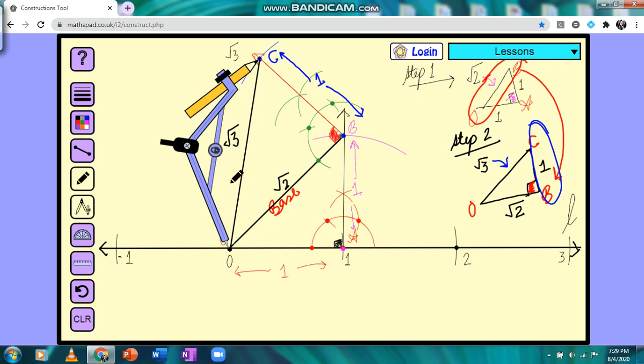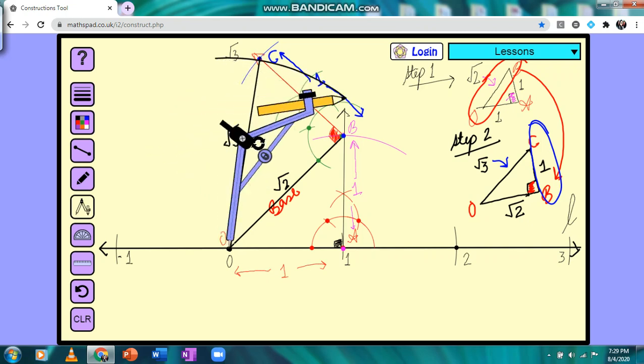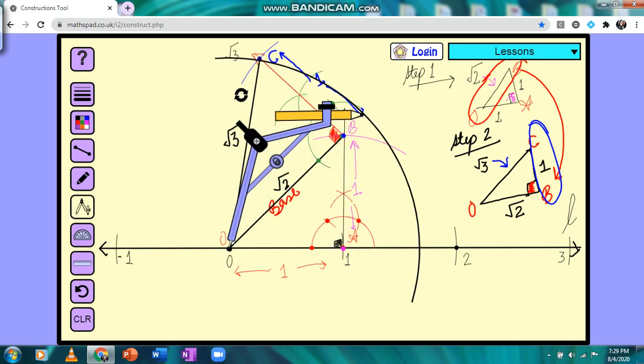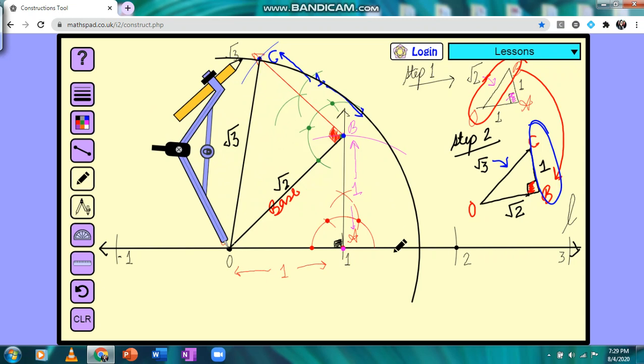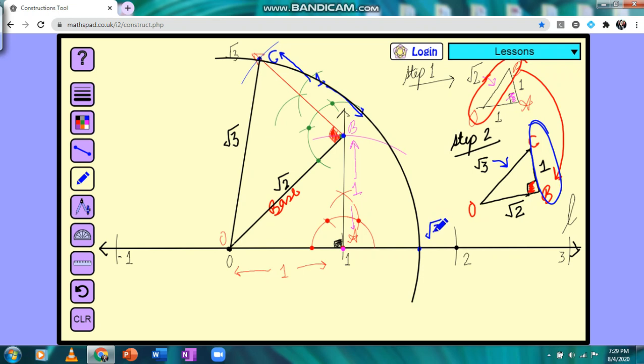Now my compass has radius root 3, and I'm just going to draw an arc from here up to the number line. So this point here represents root 3. You can give it a name. Let's say this is M. So the distance of OM is square root of 3.